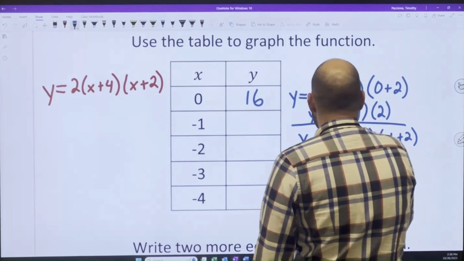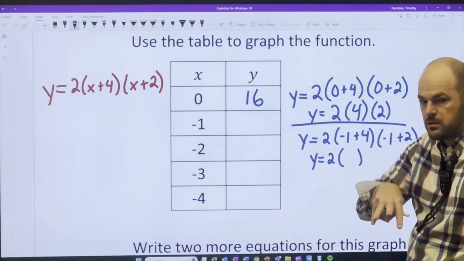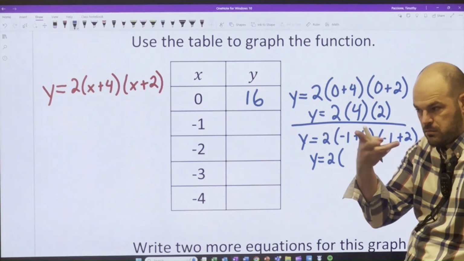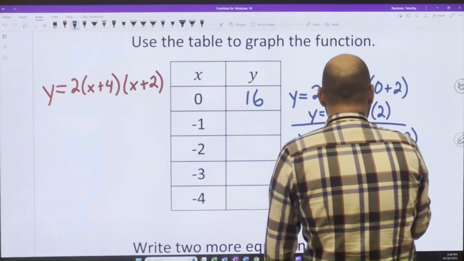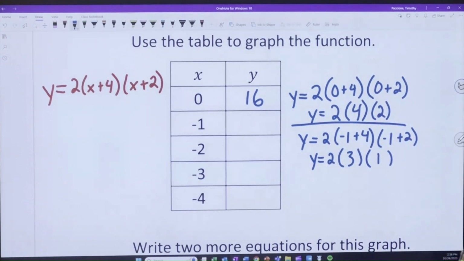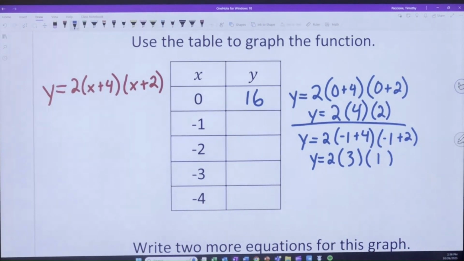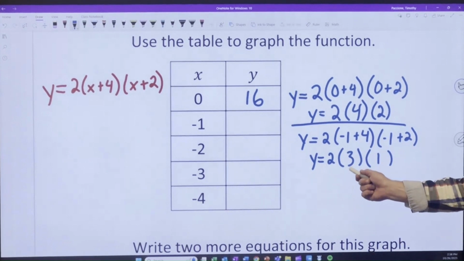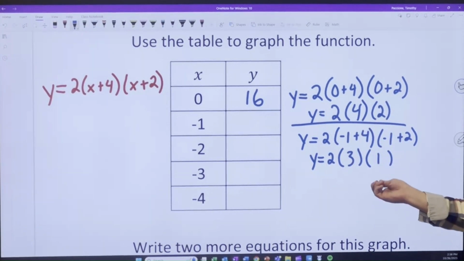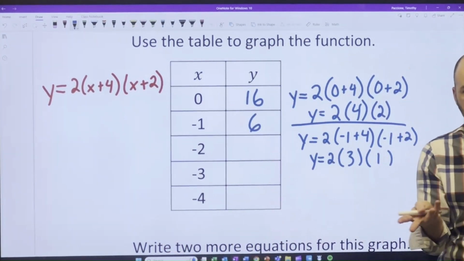So y equals 2 times negative 1 plus 4 is 3. Negative 1 plus 2 is 1. So 2 times 3 times 1 is 6. So you would just do that for each one.